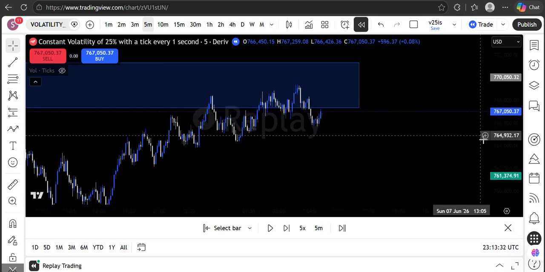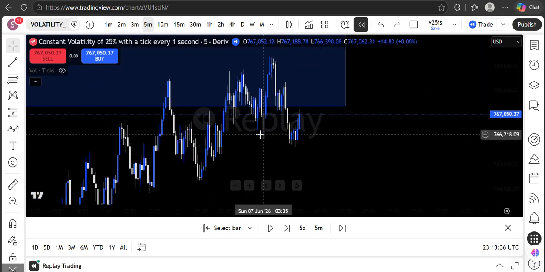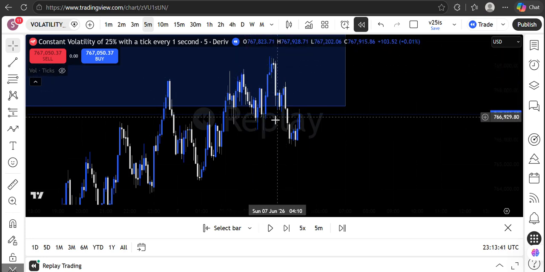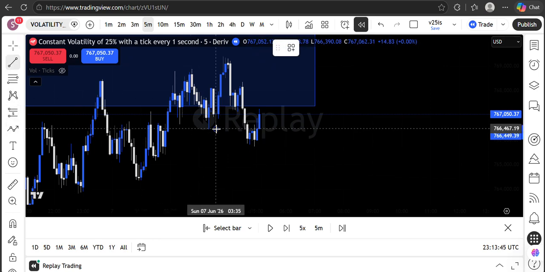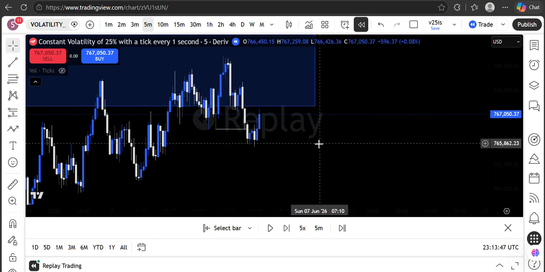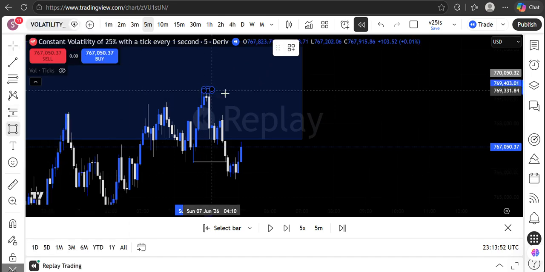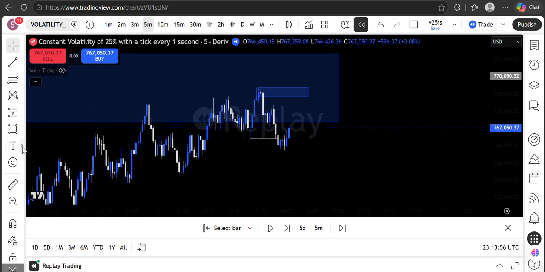Okay, so now we got this break of structure to the downside. We saw this high was created, and then there was this low. This low was taken out by this particular high here.